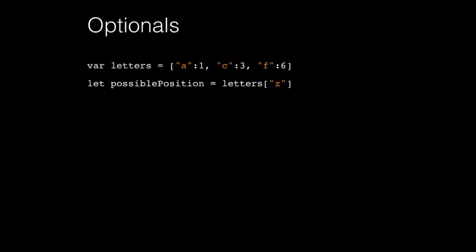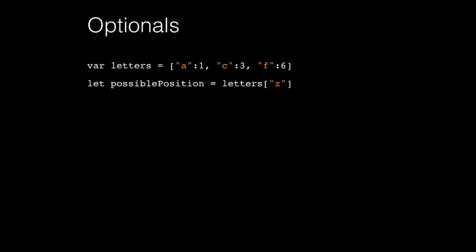Okay. Next, optionals. Well, before I explain an optional, I just want to ask you what you think would happen in this case. This letters is a dictionary, and here we're referencing an entry that does not exist. Now, I know in C# that would crash, right? That would throw an exception.